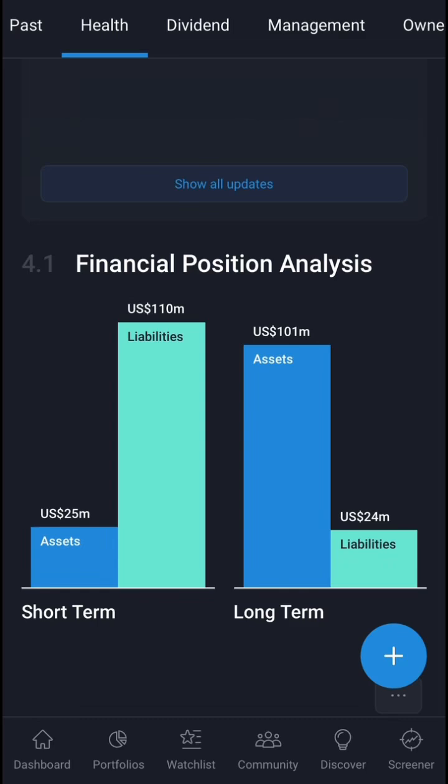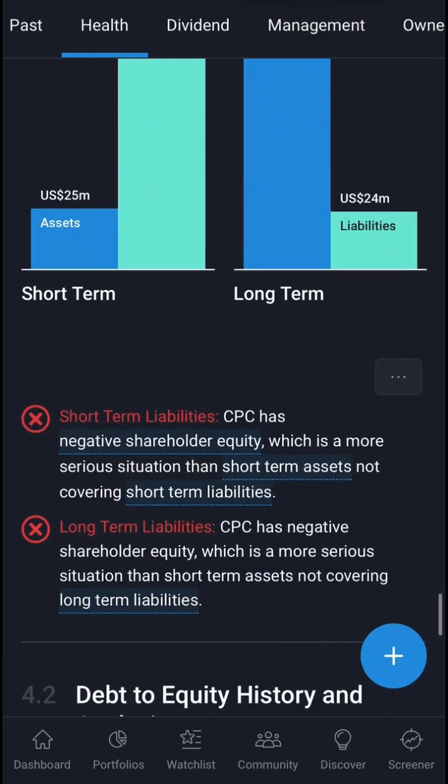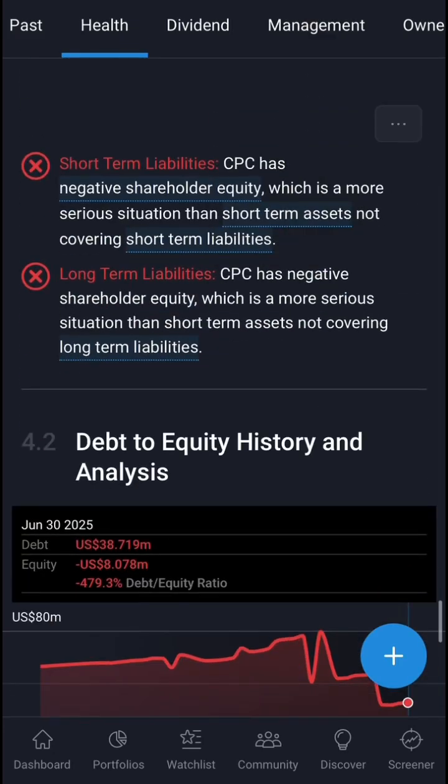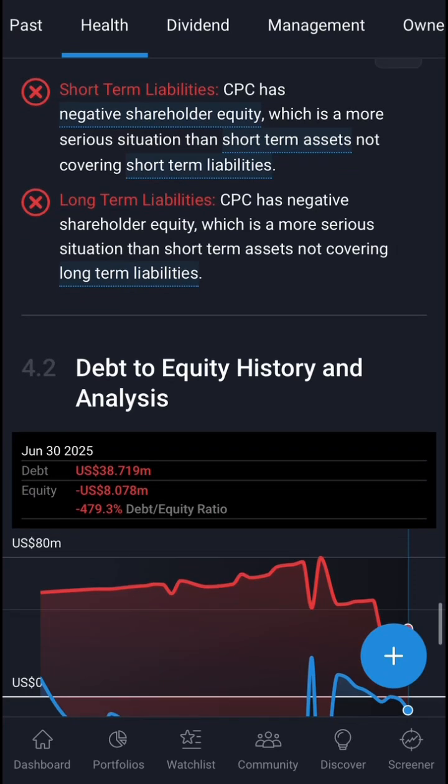The asset is around 25 million and the liability is around 110 million. And within the long term, the asset is around 101 million, the liability is around 24 million. So it tells you that the company is interested in the long-term goal rather than the short-term goal. So if you are investing, know that you are investing for a very long time. So this is the asset and liability.